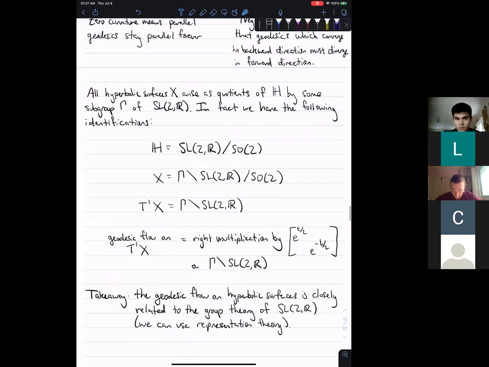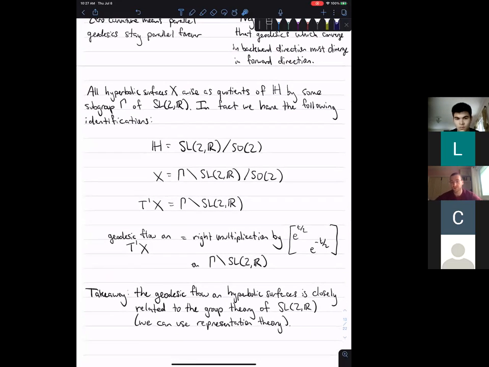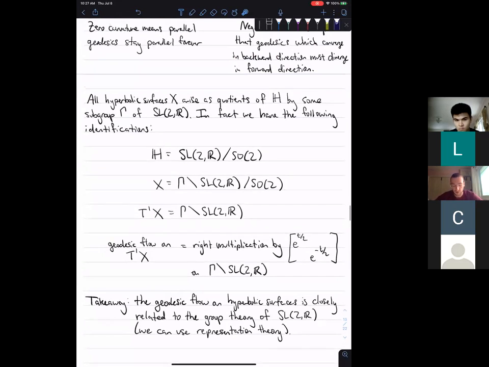Okay, so now I'm going to say some stuff which maybe won't make sense, but it'll connect to something later on, just to show some analogies. Hyperbolic surfaces arise as quotients of the hyperbolic plane by some subgroup gamma. And in fact, all of hyperbolic geometry can be rephrased in the language of group theory. If you've seen groups and quotient groups before, then this will make sense.